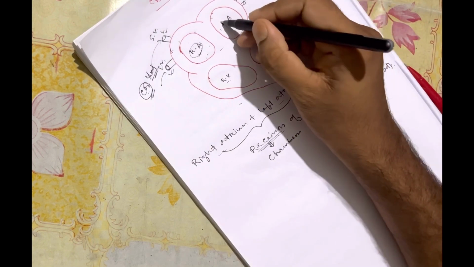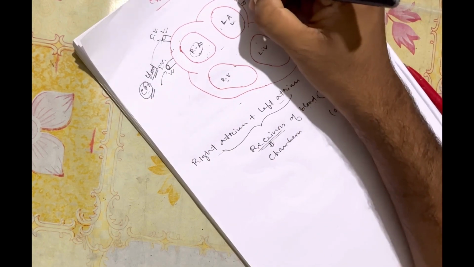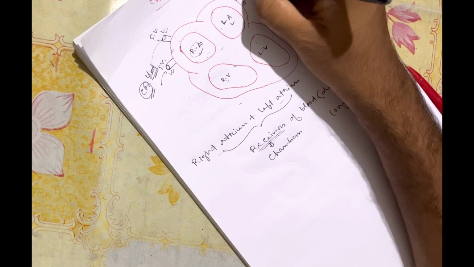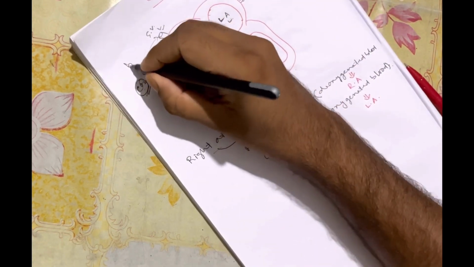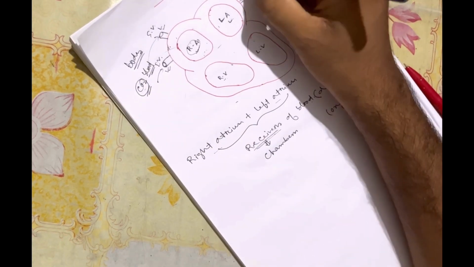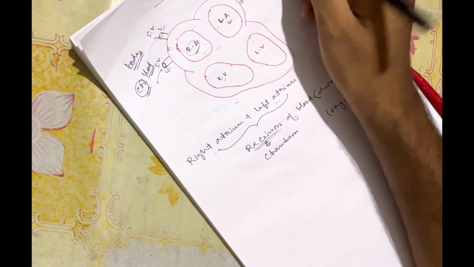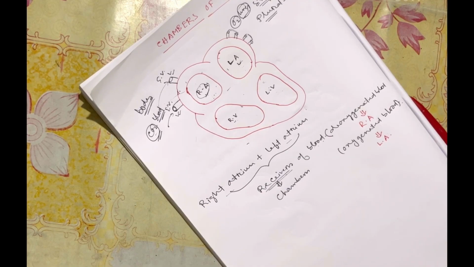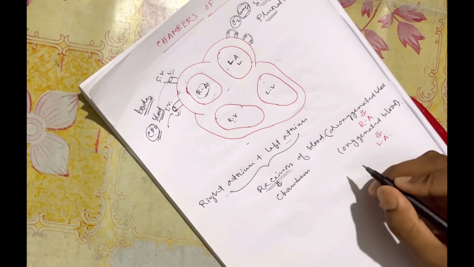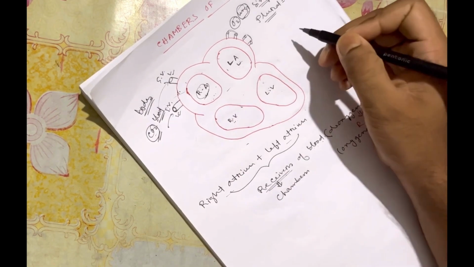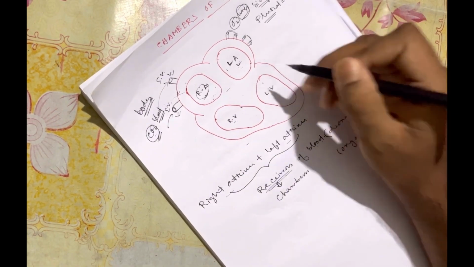And the left atrium receives oxygenated blood from the lungs. So here they receive blood from the body and here they receive blood from the lungs. That's why they are called receiving chambers or receivers.